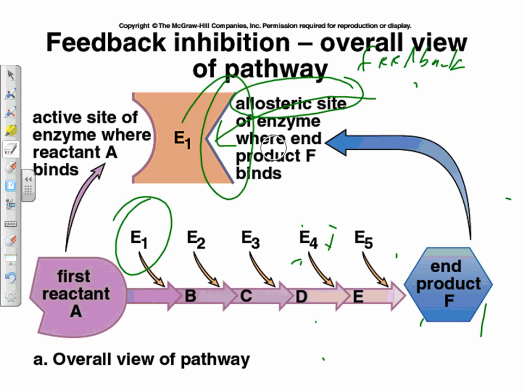It lets go, turns loose. And when it turns loose, what happens to that enzyme? It starts back up, starts rolling again, starts making more end product. So this is a good way for you to save your resources, conserve your energy, be green, sort of. This is like being green today.